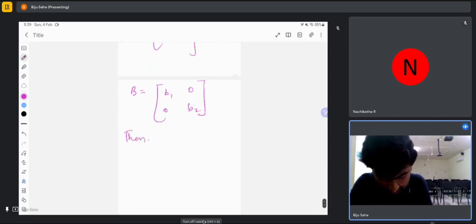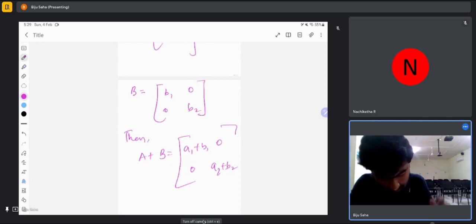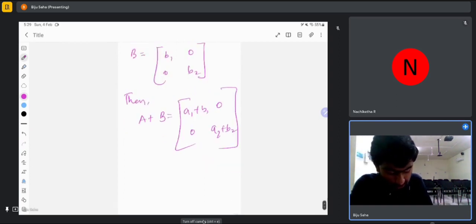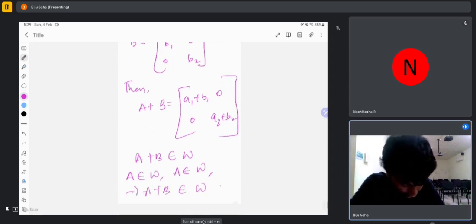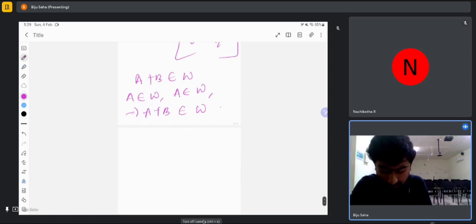Then A plus B is given by A1 plus B1, A2 plus B2, which is clearly a diagonal matrix. So obviously A plus B also belongs to the subset W. We have taken two matrices from this subset and shown that under vector addition the resultant matrix also belongs to the same subset. So it's closed under vector addition.